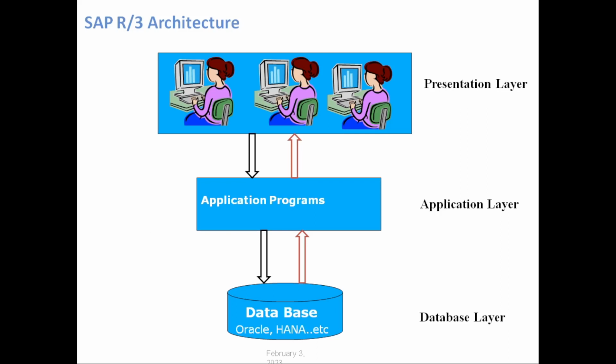Governments won't allow them to save Indian citizens' data in their China data centers because they can misuse the data. So depending on all these factors, organizations will establish the data centers.